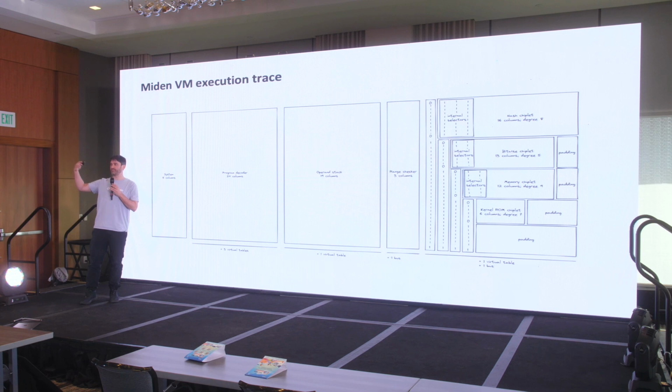Whenever we switch to the next row, we need to uphold certain conditions that we can express in polynomial constraints. So a program execution means we go row by row, state by state of the VM, and there is certain information in certain columns. At the end we can add all these polynomial constraints together, and then we have a huge polynomial that we can commit to. But this is basically an execution trace. This is how ours looks.